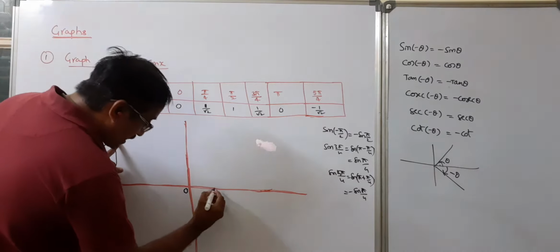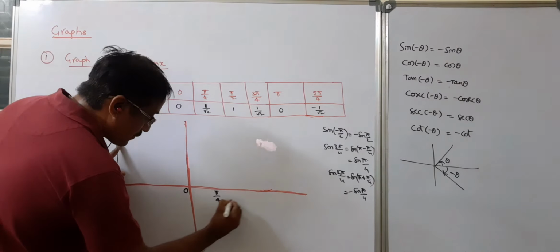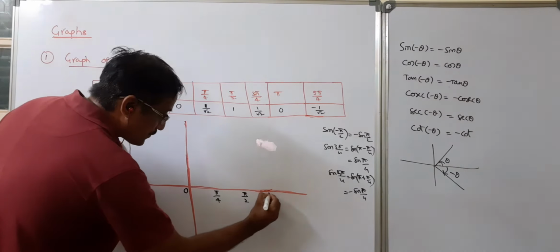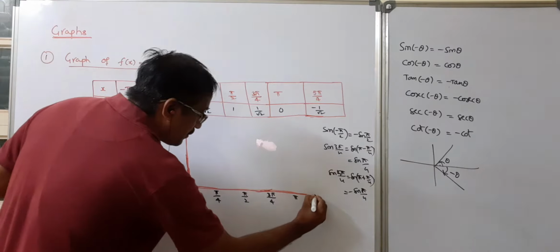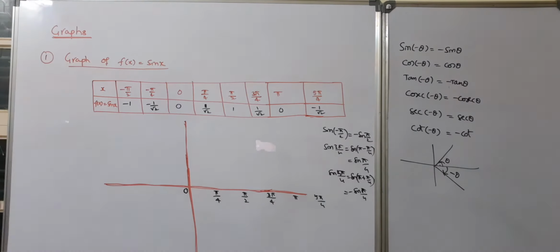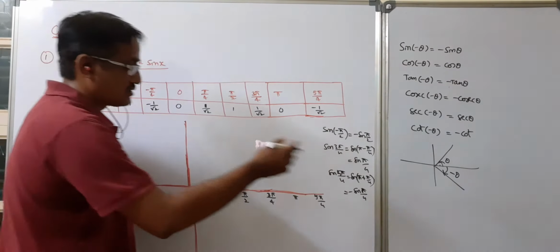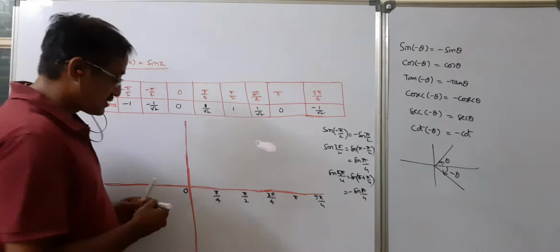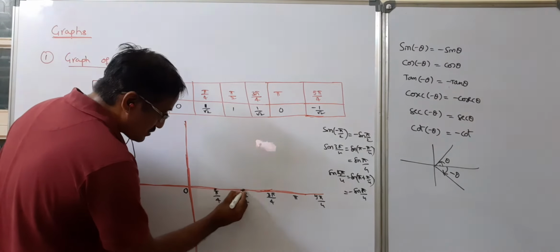So you have to take like this: x values, that is 0, pi by 4, pi by 2, next 3 pi by 4, pi, 5 pi by 4. Remember that you can draw the graph with infinitely many values. You can take as many values as you can. So I am drawing the graph with these values only.